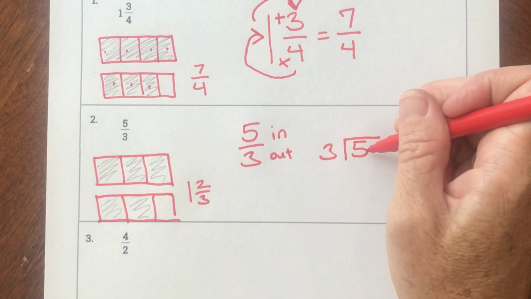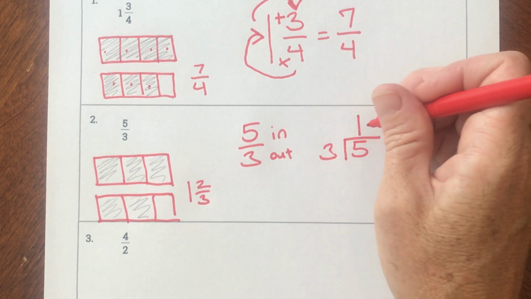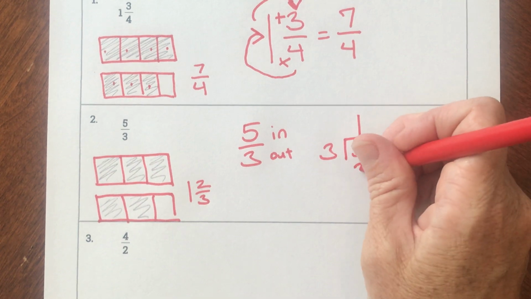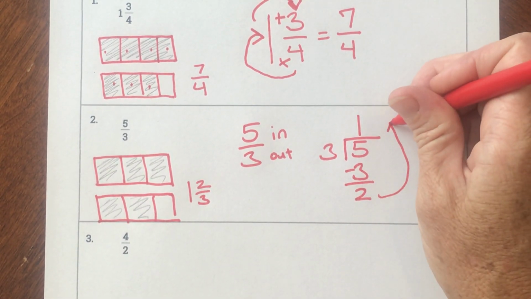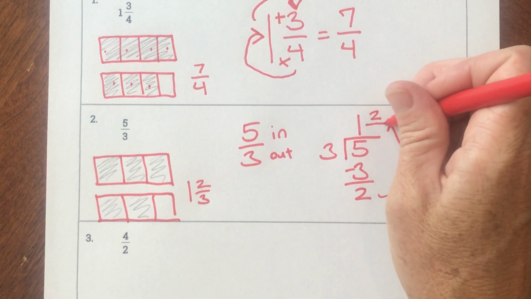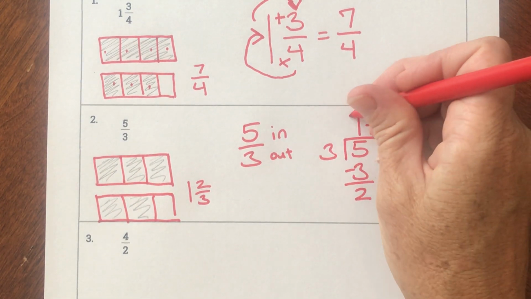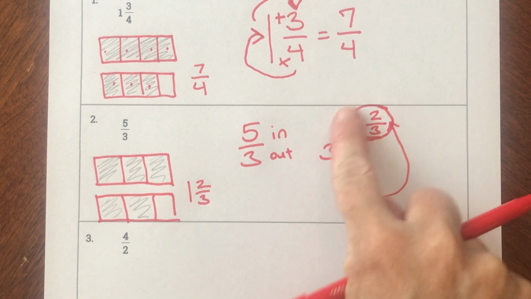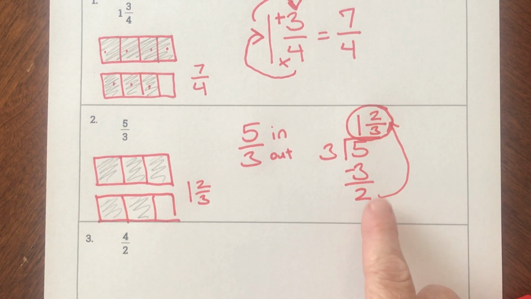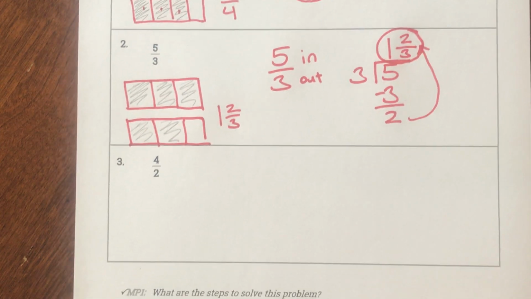So 3 can fit into 5 one time. 1 times 3 is 3, and I'm left with 2. And 2 becomes my new numerator, and my denominator stays the same. Now, this might seem complicated, but this is a good strategy for when you have really large improper fractions to work with.